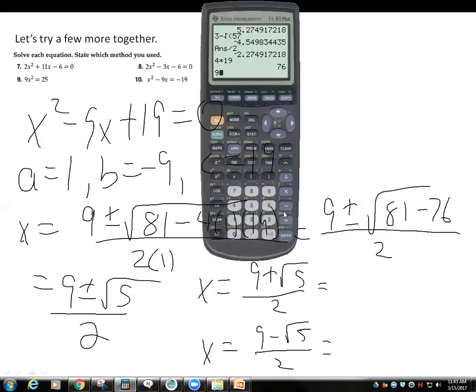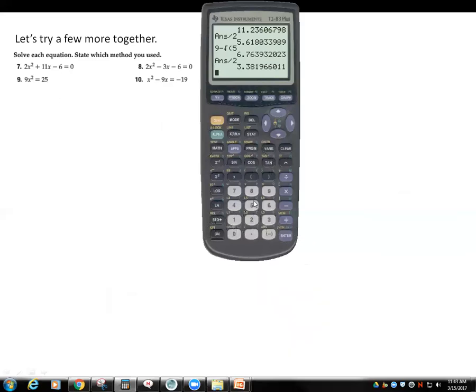You get 9 plus the square root of 5. Get that answer first, then divide by 2, and you get 5.6. And then you'd have 9 minus the square root of 5. Divide that by 2, and you get 3.4. Okay, so those are our two answers there.